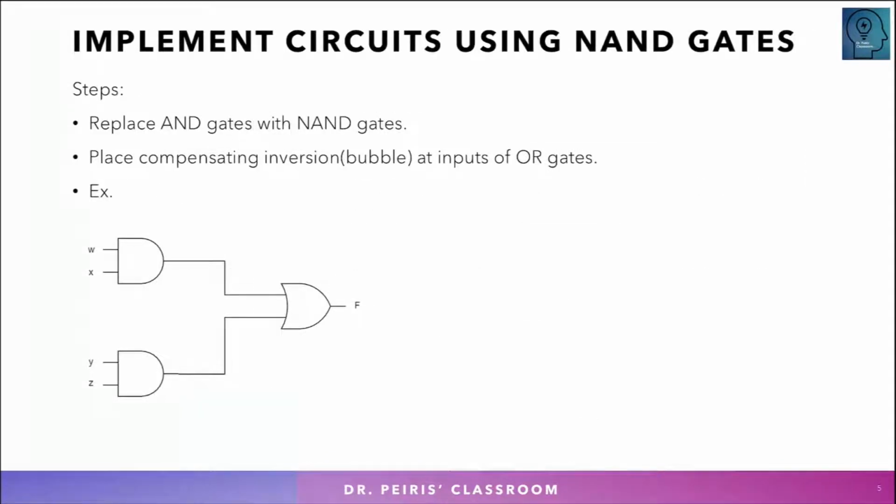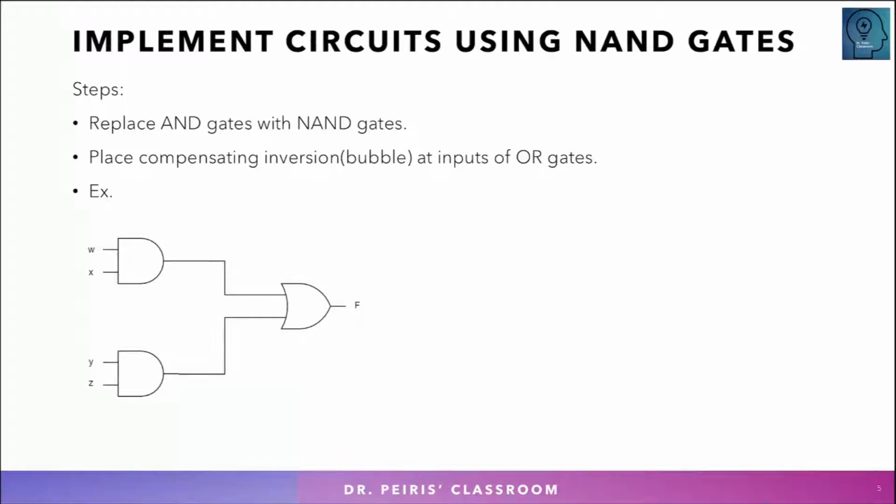What are the steps to follow to implement circuits using only NAND gates? You must replace all the AND gates with NAND gates, and once you replace them with NAND gates, you introduce an inversion or a bubble after the AND gate. To compensate for these inversions, you must put bubbles at the inputs of OR gates.